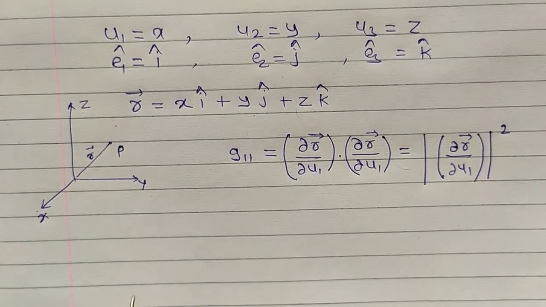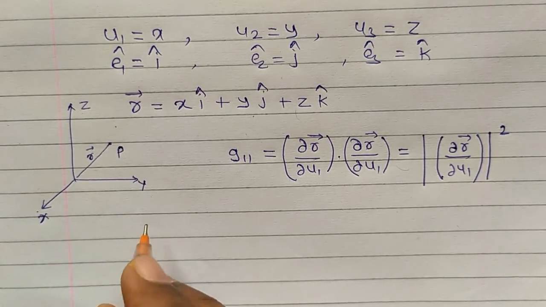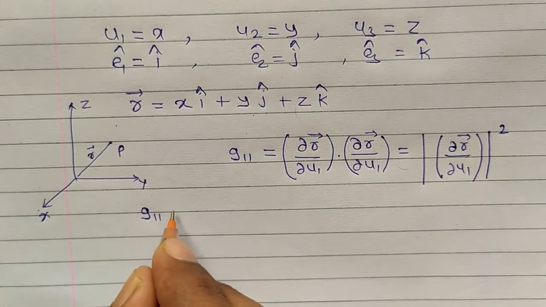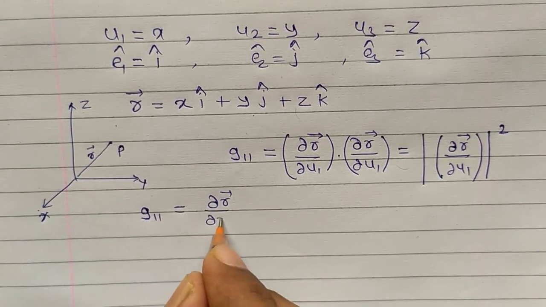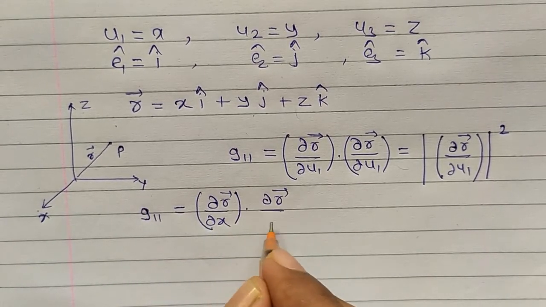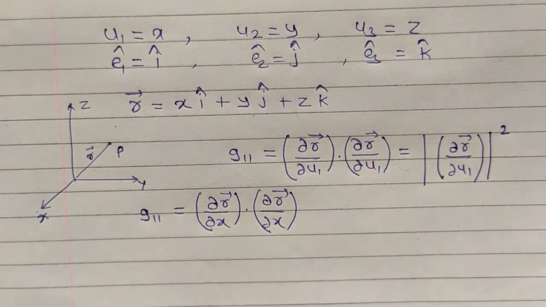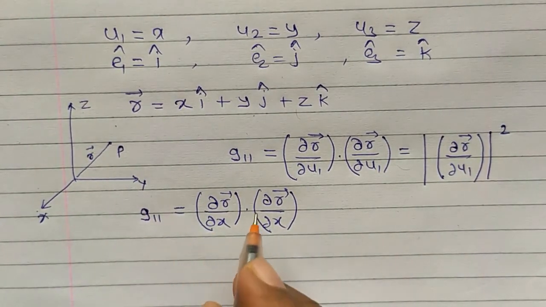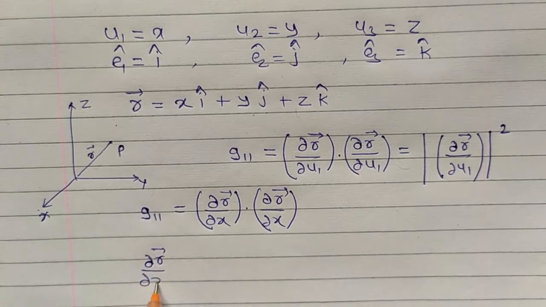If you try to find metric coefficient in case of Cartesian coordinate system, so g11 will be ∂r bar by ∂x dot ∂r bar by ∂x. Now what I will do, I will find ∂r bar by ∂x.